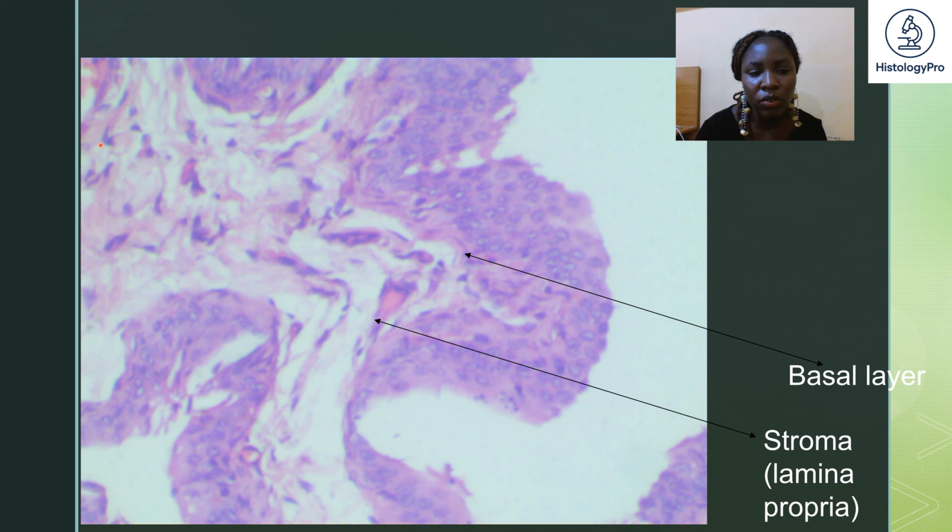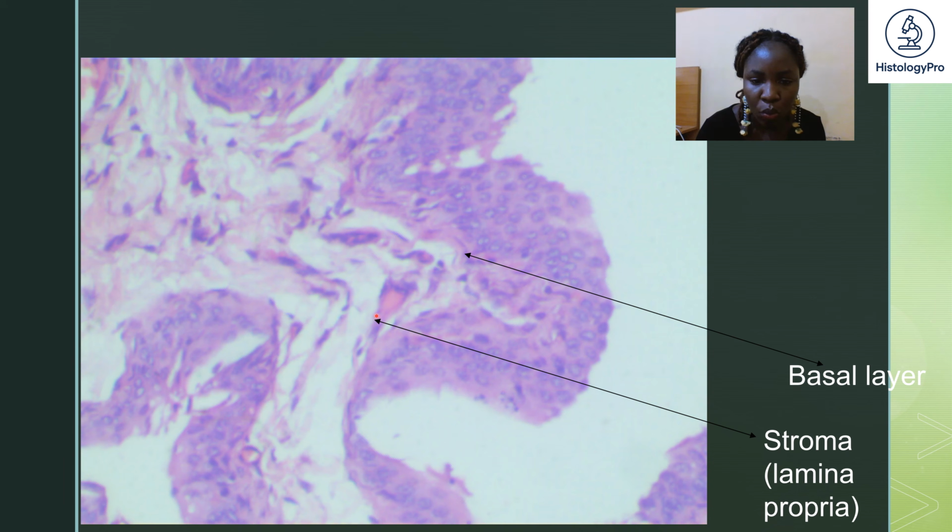This is also a photograph of non-keratinized epithelium. This is how the ectocervix looks. I captured the non-keratinized stratified squamous epithelium in the ectocervix. We can see the labeled diagram.